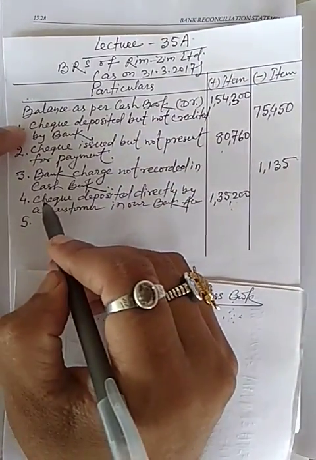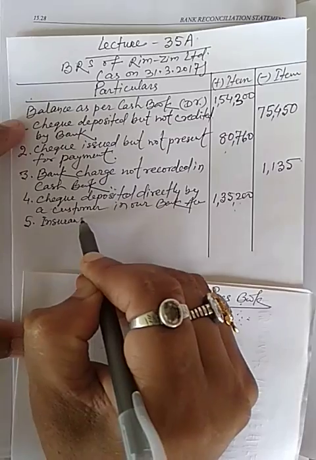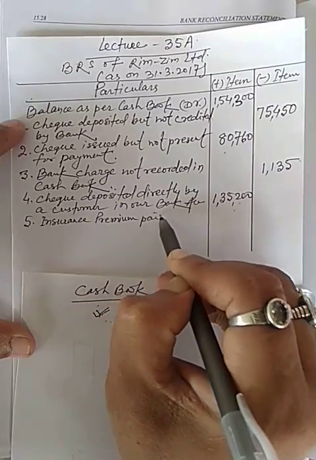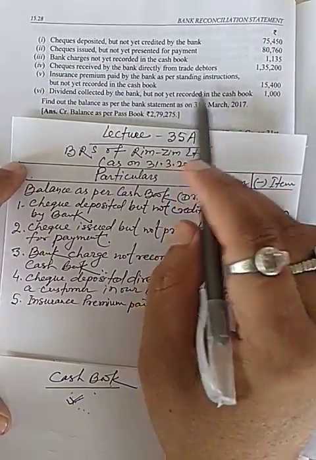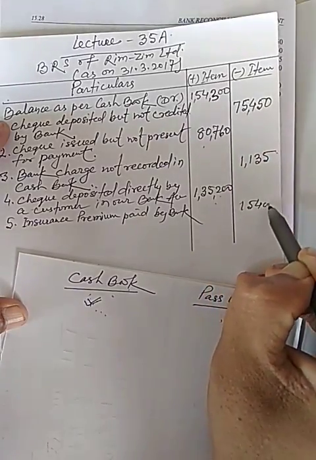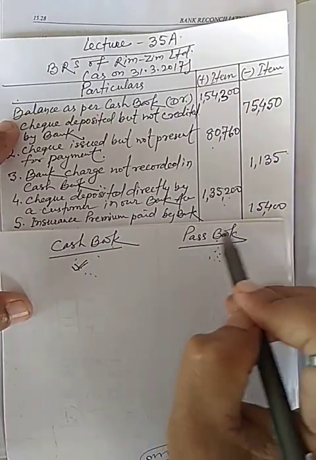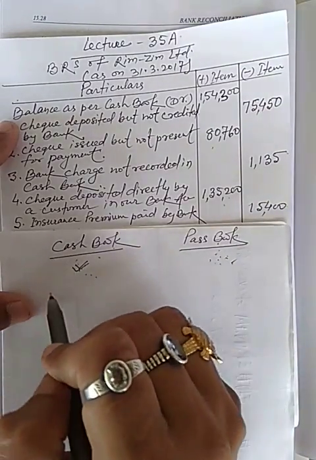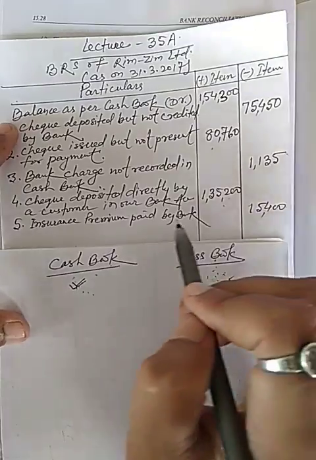So I will write insurance premium paid by bank, and it will be recorded in minus side, 15,400, because in this case our bank balance will decrease, so we have to deduct from cash book also. So I will shift it in minus item.